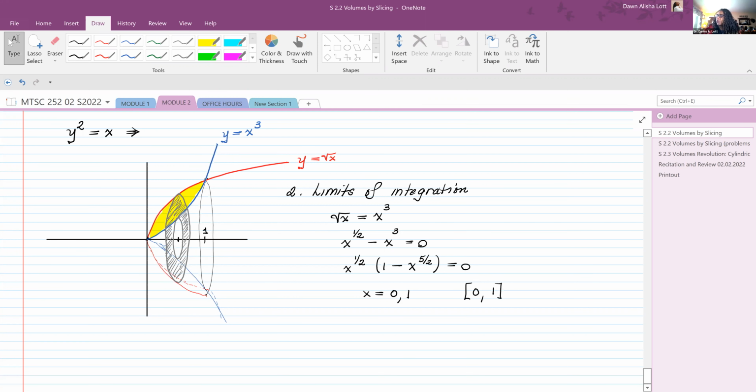Okay, so what's my big radius? x cubed. Is that the big one or the small one? That's the small one. Okay, so let's look here. Root x. The big one goes from here all the way down. That's the big one. You see that?